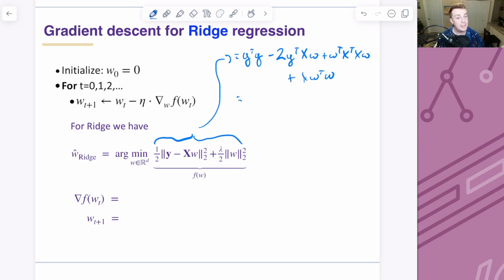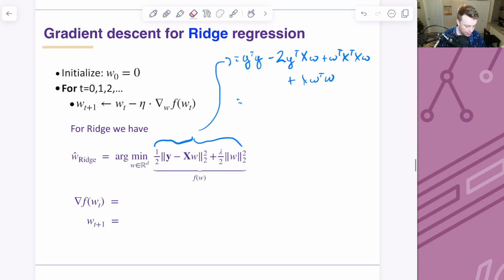And just like in the ridge regression lecture, to simplify some things, we're going to combine that w transpose x transpose x w term with our lambda w transpose w. So we get y transpose y minus 2y transpose xw plus w transpose (x transpose x plus lambda I) w.